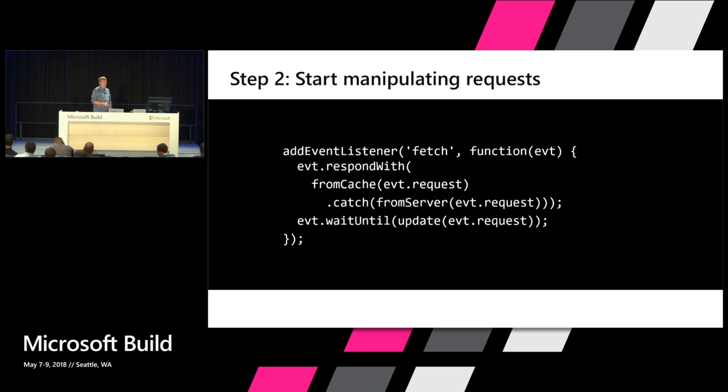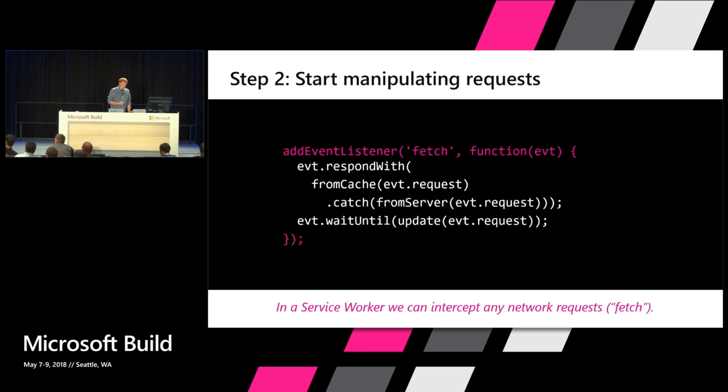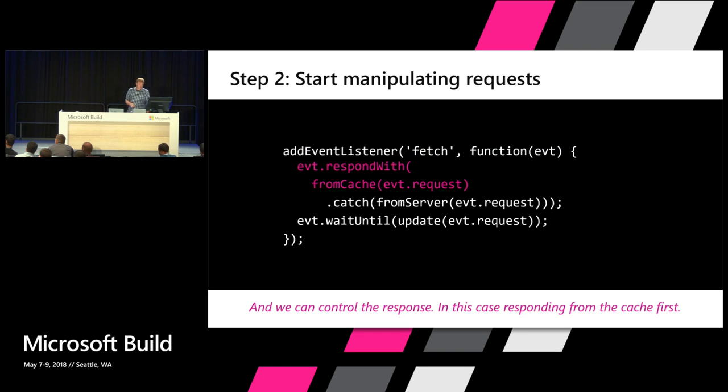Every time a request is made, this event is fired. Your service worker can then subscribe to that event. When the fetch event is fired, it then makes some decisions. It catches and intercepts the request. The second thing it does is it looks if it can pull it from its cache.